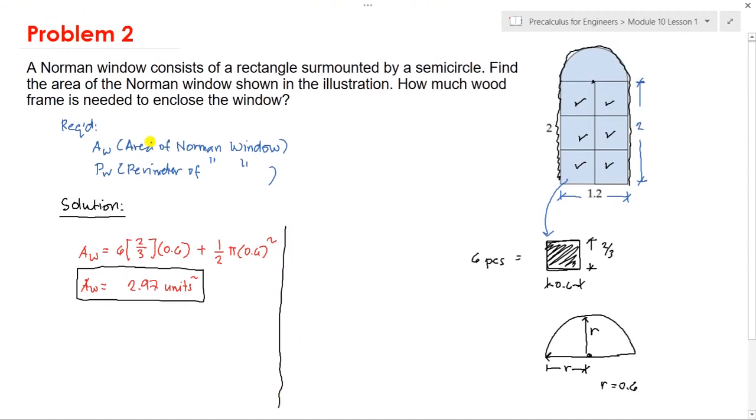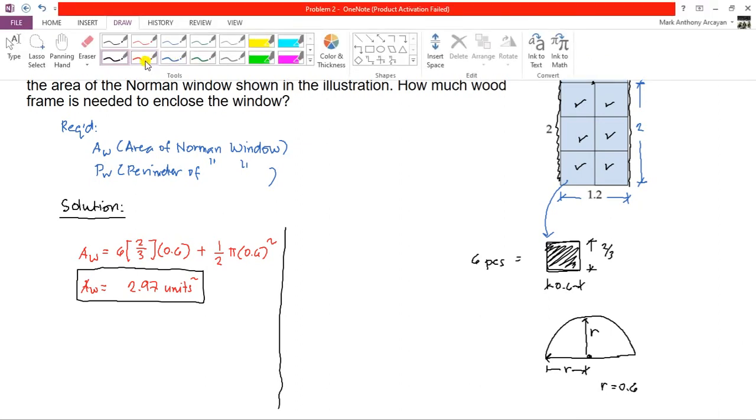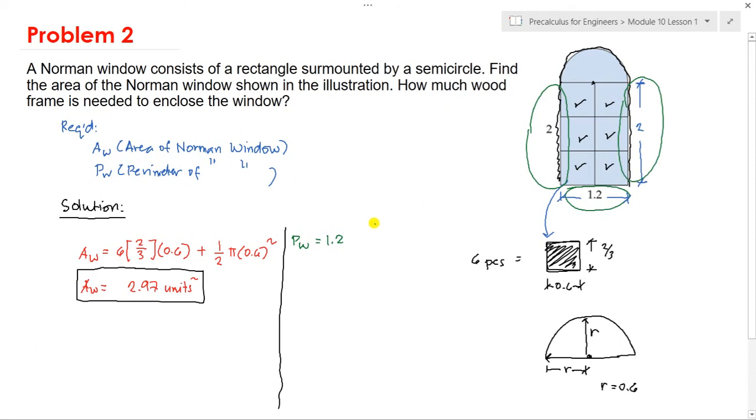So, ang perimeter ani, mag-add. That is, ang sa perimeter ani? Tibuok diri, PW. PW is equal to this one, 1.2. So, that is 1.2. Next, duha ka buok 2, kani nga side 2 and 2.